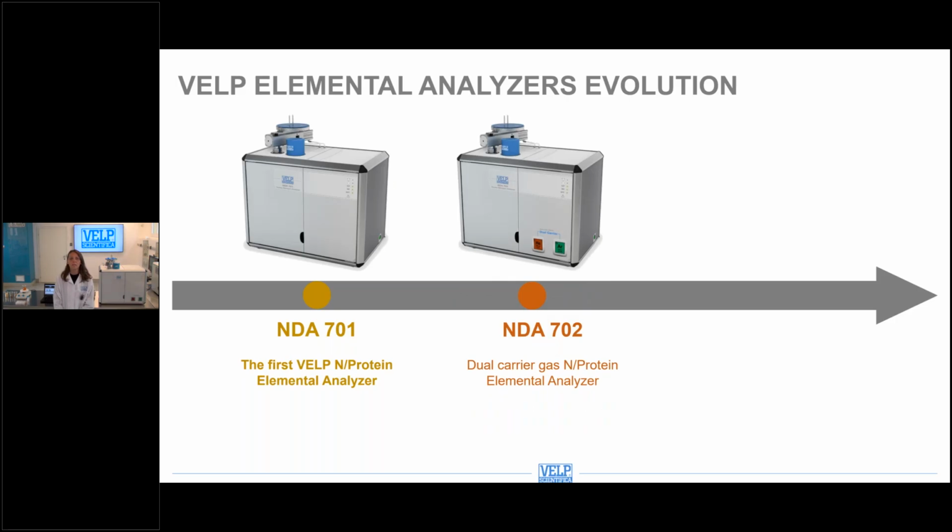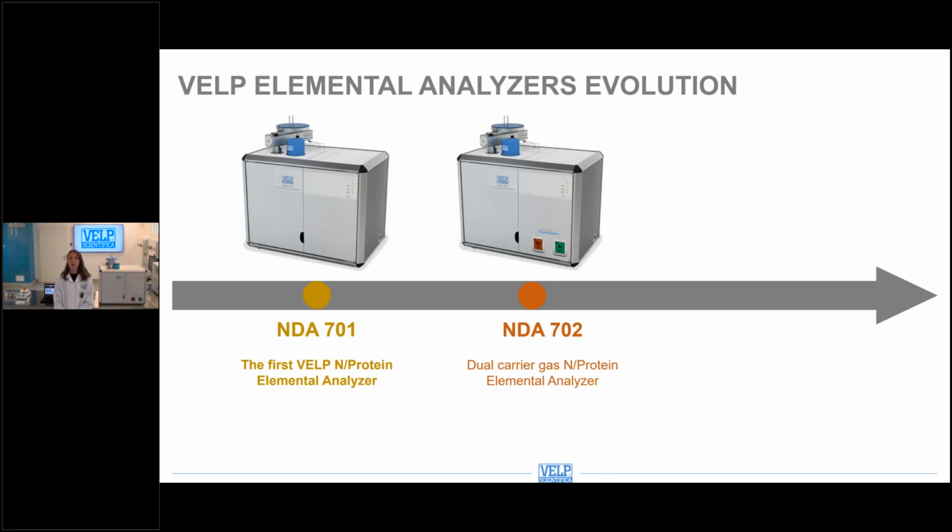Also in this case, it works for nitrogen protein determination, but it is dual carrier gas. What does it mean? It means that it can work with both helium and argon as carrier gases, without any extra accessories. You just need to switch from one carrier to the other.